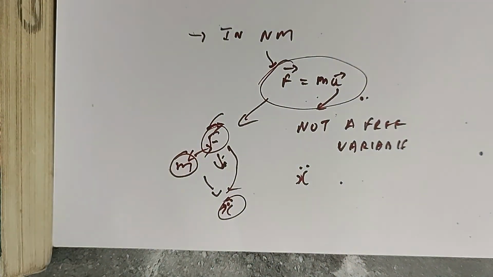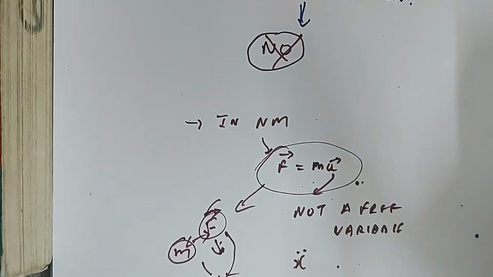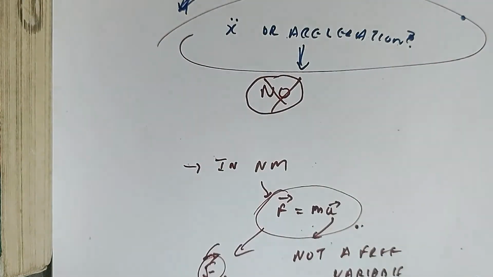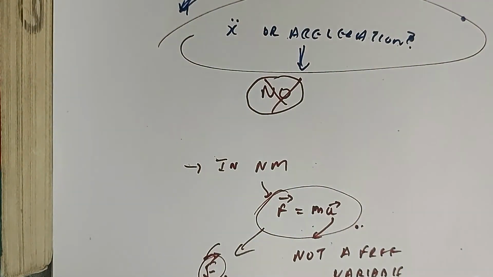Thus there is no freedom in choosing. My freedom for choosing a variable so that I can apply it to a space in general is not there. As a result, we cannot determine a space with acceleration as one of the states of the system.